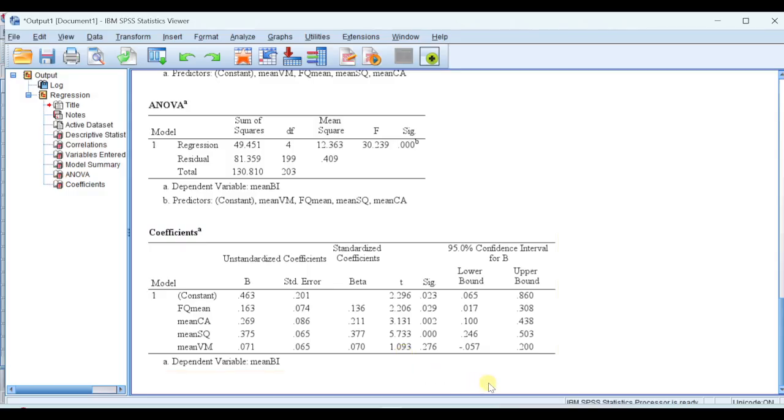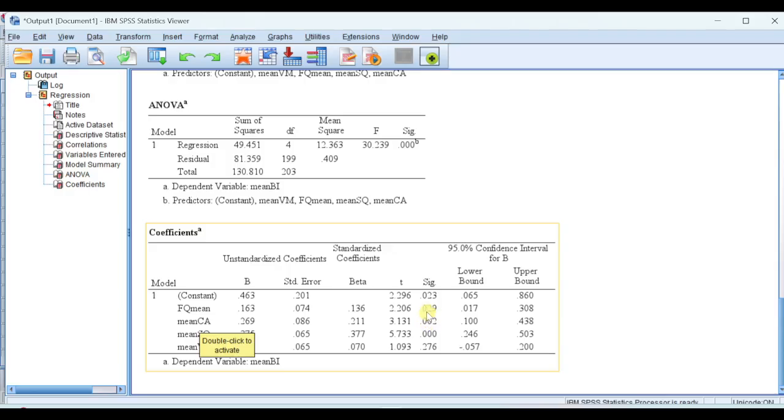So this is how we interpret the results of our regression, and if we have a hypothesis like cultural authenticity is a significant influencer of behavioral intention, that was our alternate hypothesis. Null was it is not a significant influencer of behavioral intention. So in that case, if the p-value is below 0.05, we reject the null hypothesis because our p-value is significant.